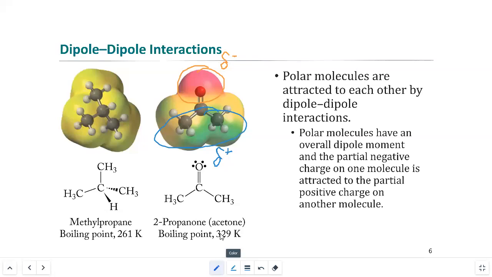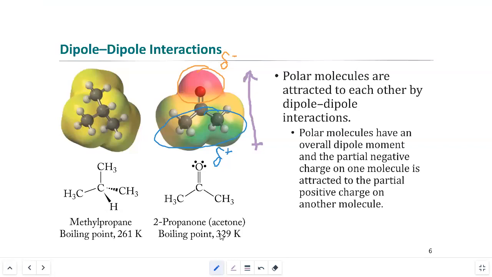Now, there's another way to show polarity, and that is through the use of an arrow. So I don't know if it's going to show up in the drawing here, so I'm going to draw it off to the side. If you see arrows that look like that, that is an arrow showing polarity, either in a bond or in an overall molecule.